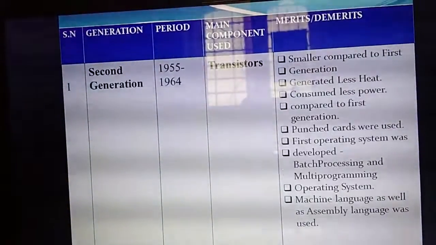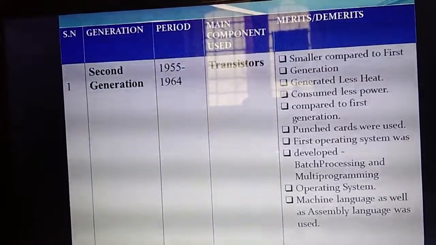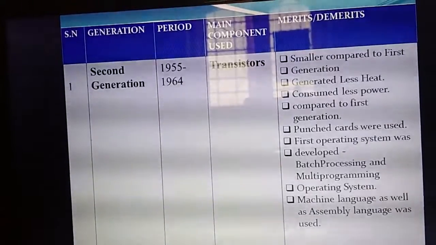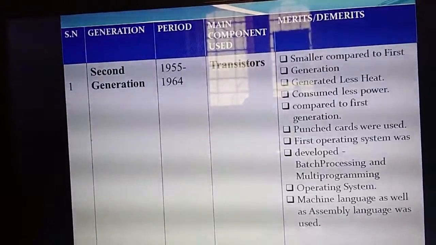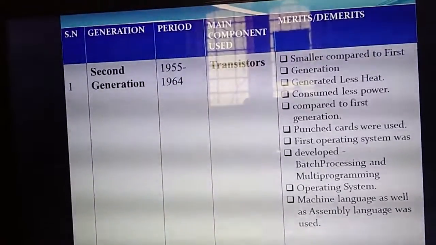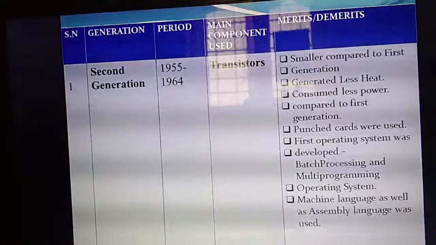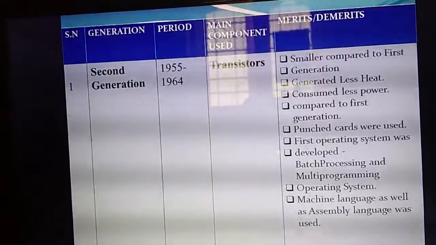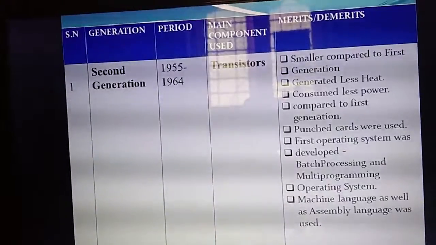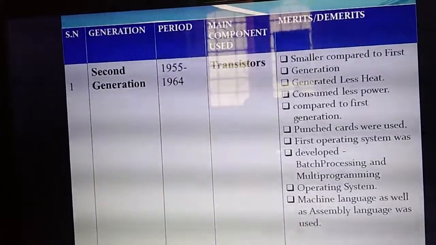The next point is that machine language as well as assembly language was used. In the first generation, how many languages were used? Only one language, machine language alone. But here they used machine language as well as assembly language, both. Understand? Yes. The second generation was which year? 1955 to 1964. What component are they using? Transistors.